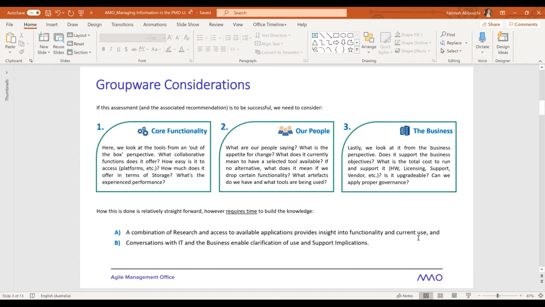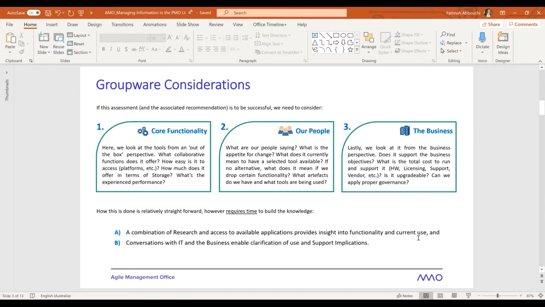What about storage? How is the tool going to be accessed? Is it going to be accessed by a small group of people? Is it a large business? How much storage will you need? Do you need to have real-time accessibility to people co-editing documentation, etc.?